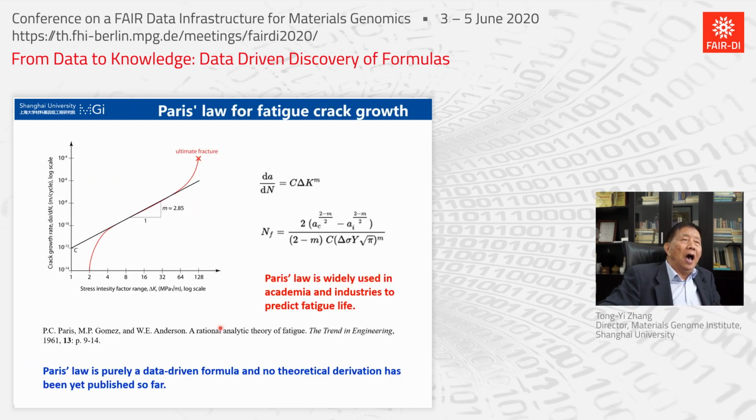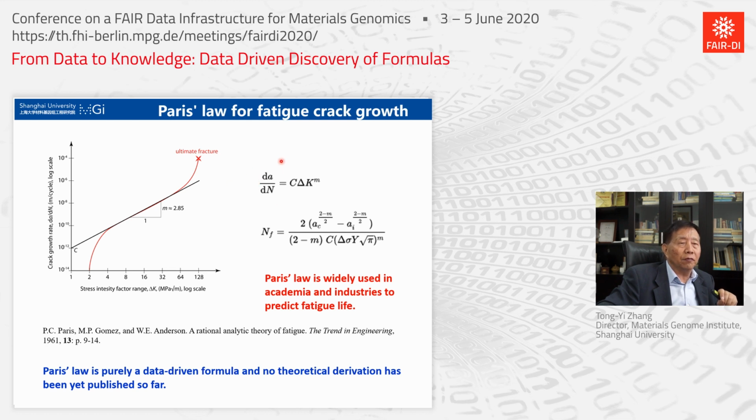Here I take another example: the Paris law for fatigue crack growth. Paris law is very important because most of the failures of engineering in industry are caused by fatigue. Paris developed this law based on data.